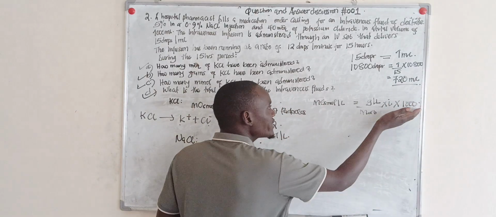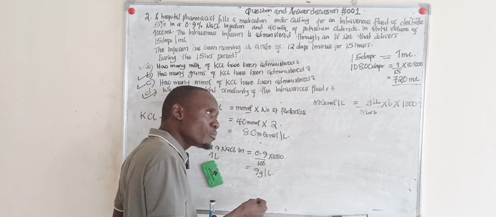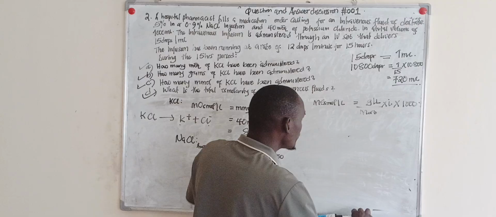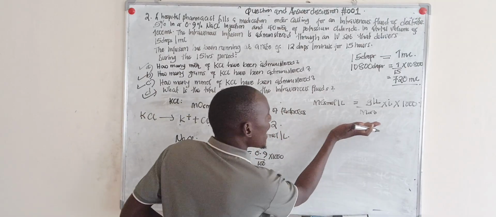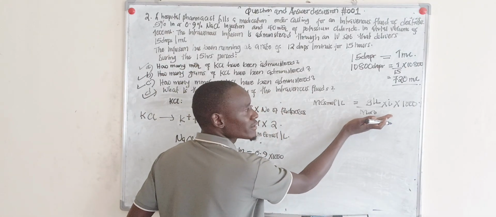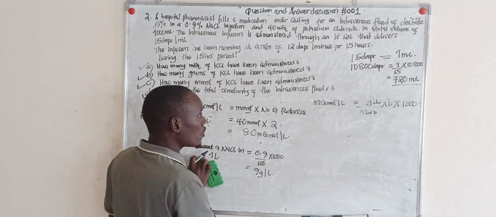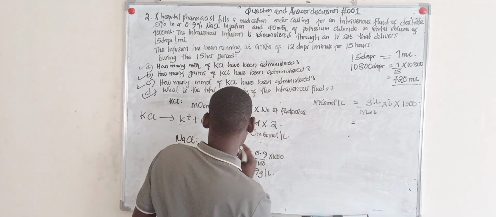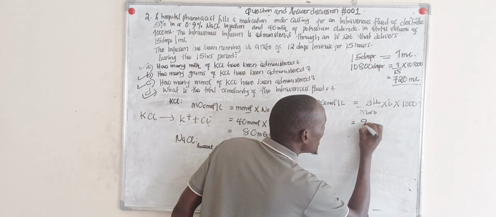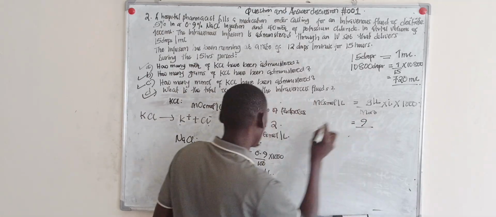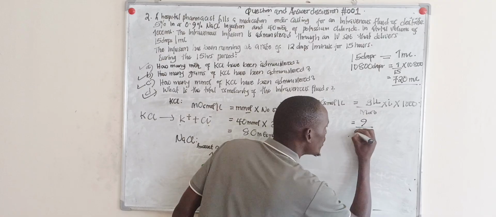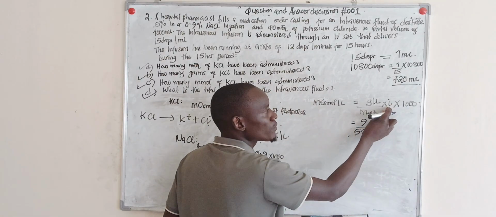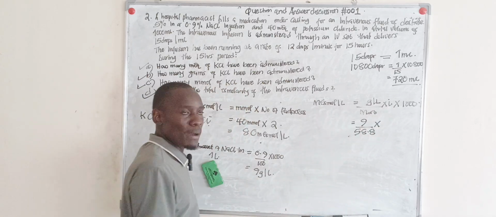We multiply by 1,000 to convert osmol to mosmol. So that means our mass of sodium chloride has already been given. This is 9 divided by molecular weight. Molecular weight of sodium chloride is 58.5 times i value. i value is the number of particles.